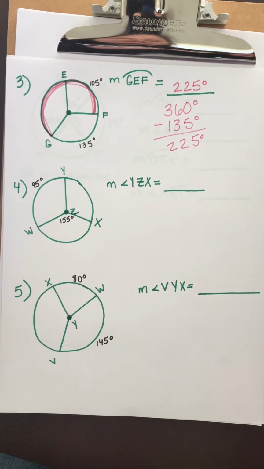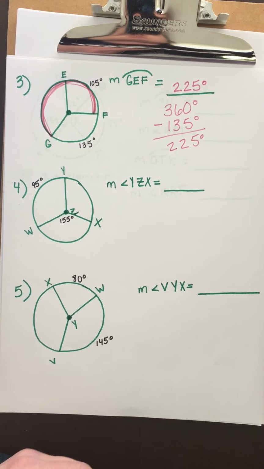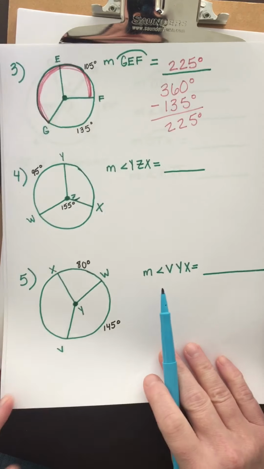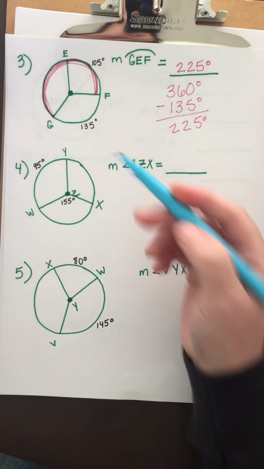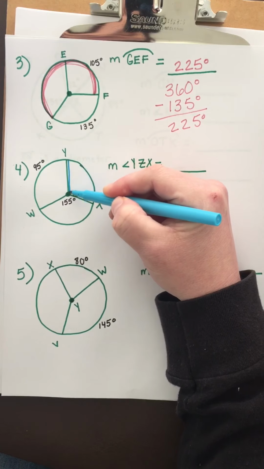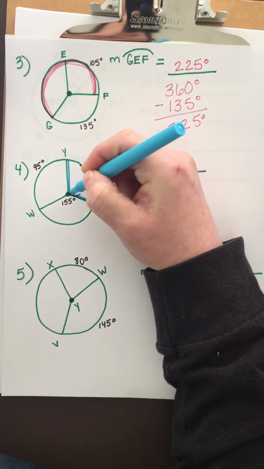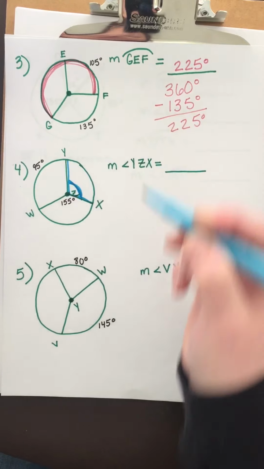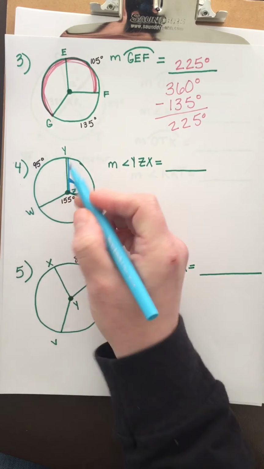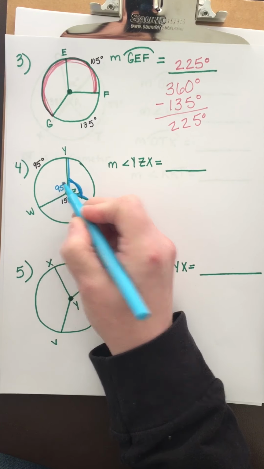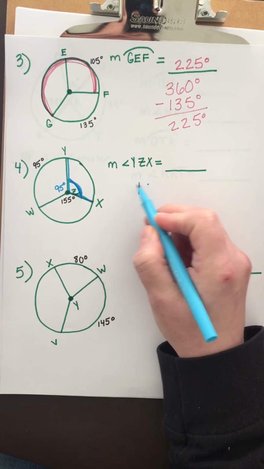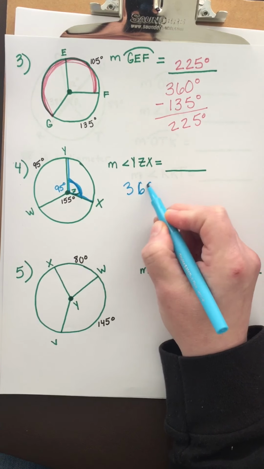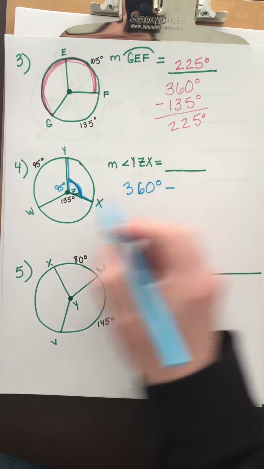All right, let's look at the next one. This time we're finding the measure of a central angle. It wants me to find the measure of angle YZX. So YZX would be right here. They want me to find this angle measure. So since this is 95 degrees, I know that this angle is 95 degrees. So I would just need to do 360 degrees and then subtract these two.